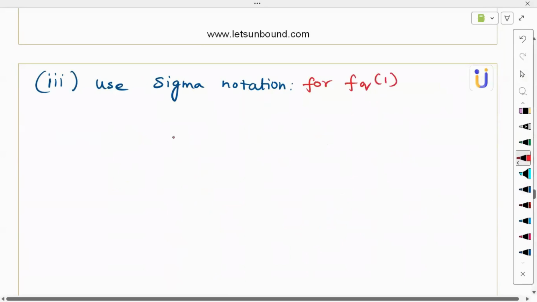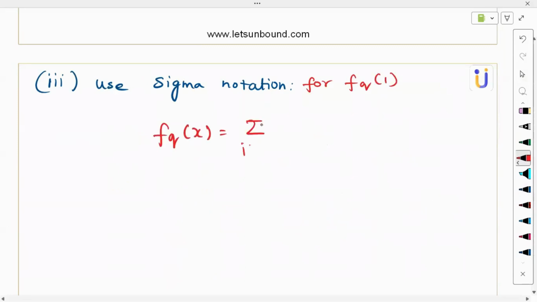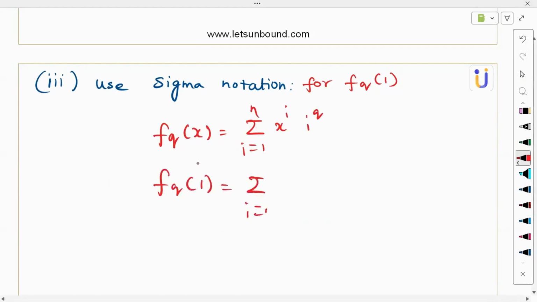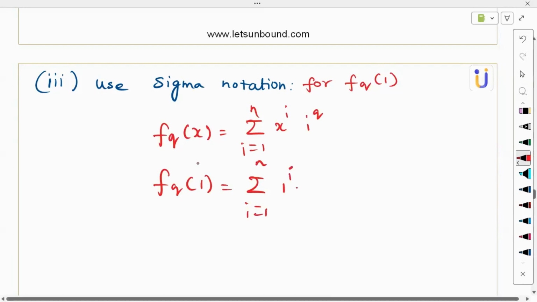Okay, so F q of x is proved, right? F q of x is sigma i is equal to 1 to n x power i power q. And F q of 1 is going to be sigma i is equal to 1 to n 1 power i into i power q, which is nothing but sigma i is equal to 1 to n i power q. This completes this.